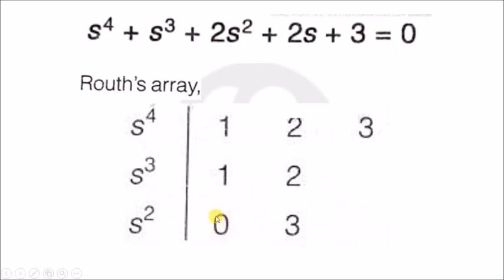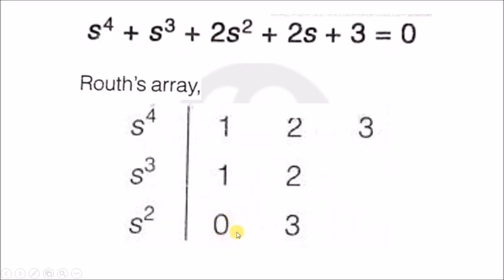What should we do? If you find this kind of case, you just replace this 0 by a very small positive value. Consider this 0 is not a 0, but a positive value which is actually almost 0.